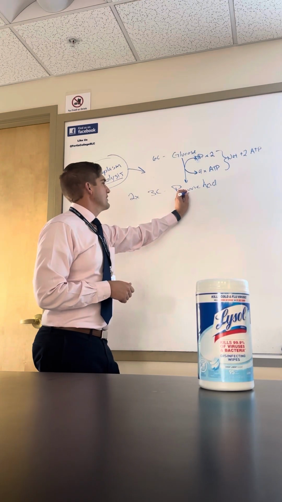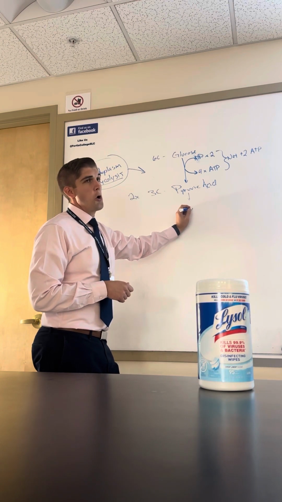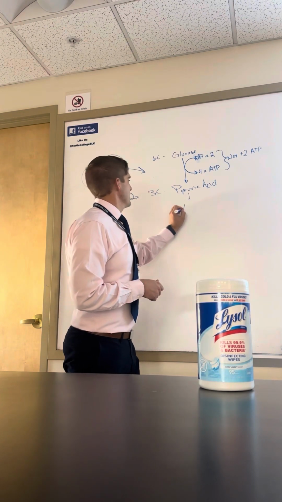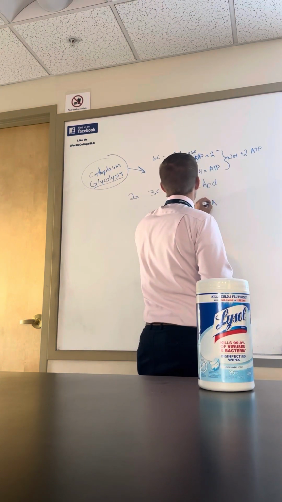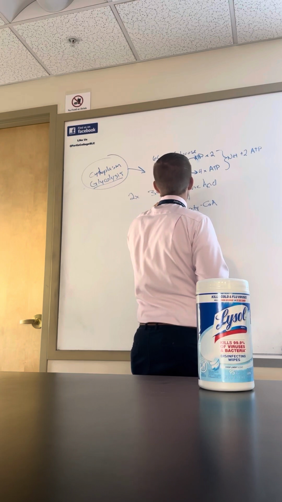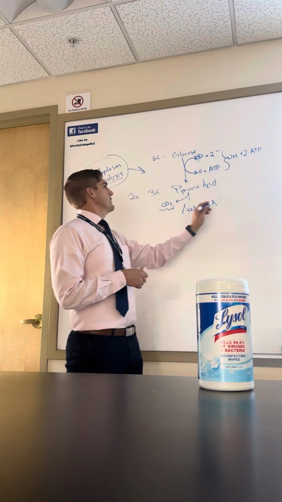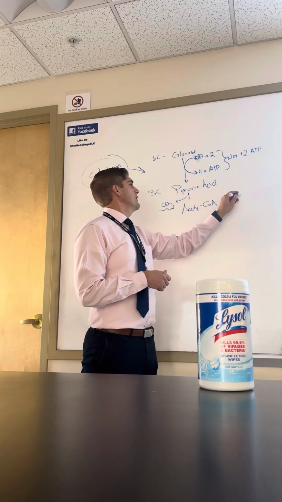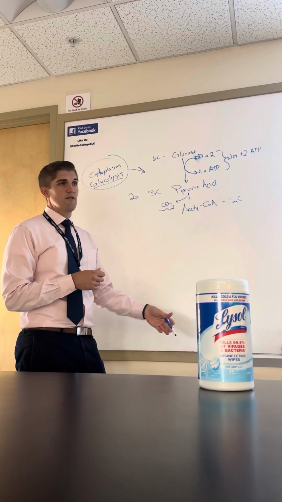Then pyruvic acid undergoes a change to become acetyl-CoA. In the process, it loses a carbon in the form of CO2. And acetyl-CoA is a 2 carbon, right? We had a 3, we lost 1, now we have 2.